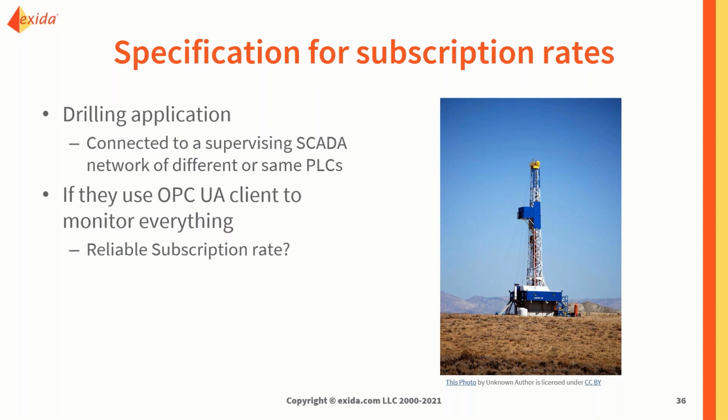And then they try to send data at a particular frequency, maybe per second. They send the data back to the OPC client from the OPC server. So they use an OPC UA client to monitor everything. Is the subscription rate, the refresh rate of the data, actually reliable?